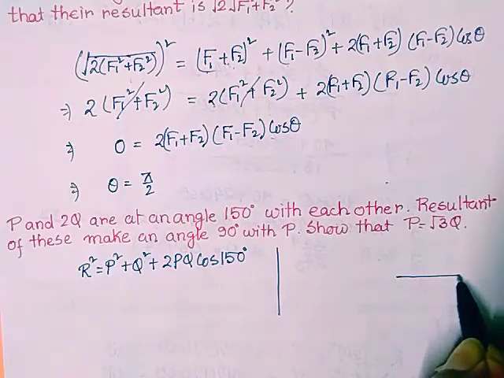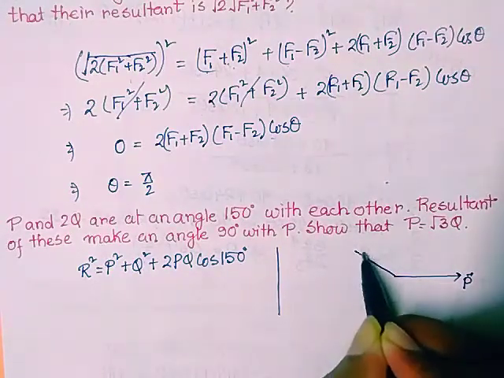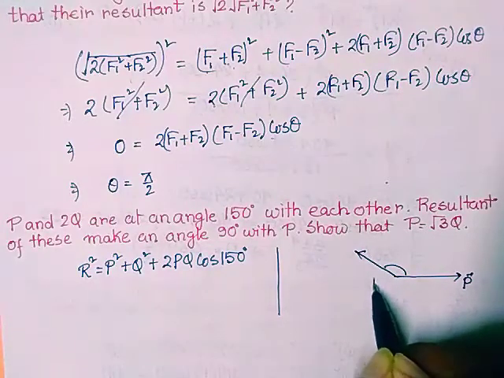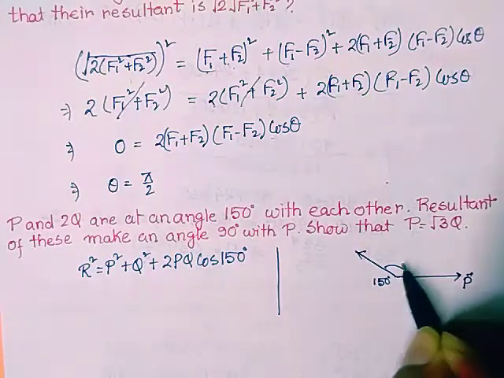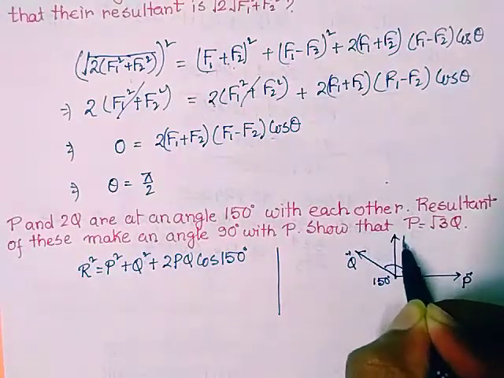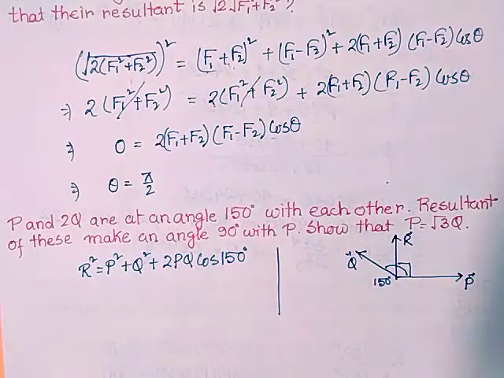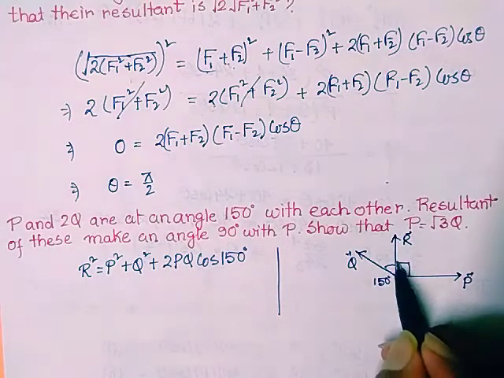So if it is the P vector, and this is the Q vector, because the angle between them is 150 degrees, the resultant makes an angle of 90 degrees with P. What relation can we write?